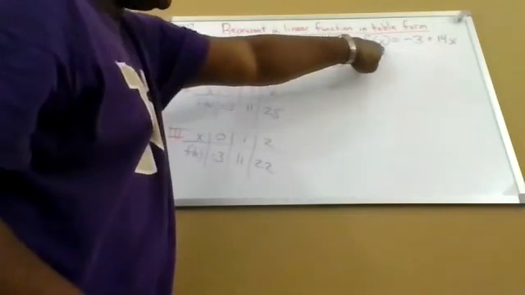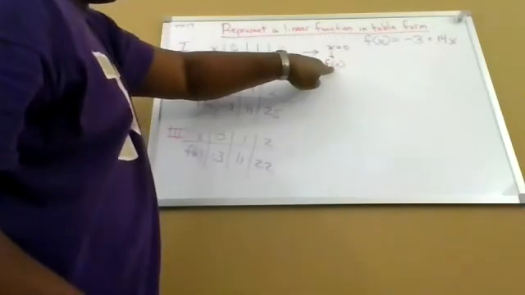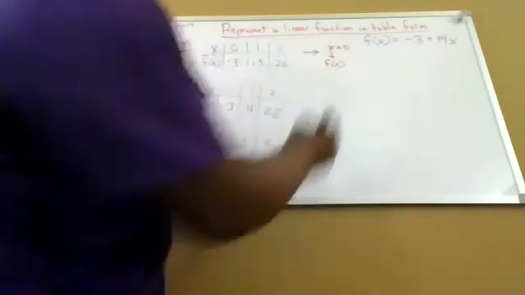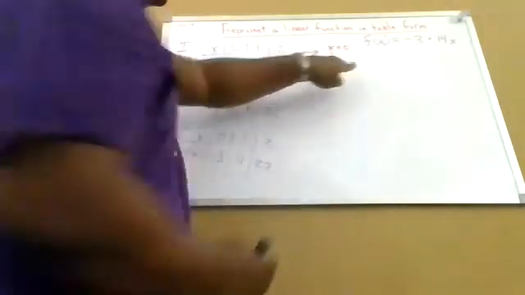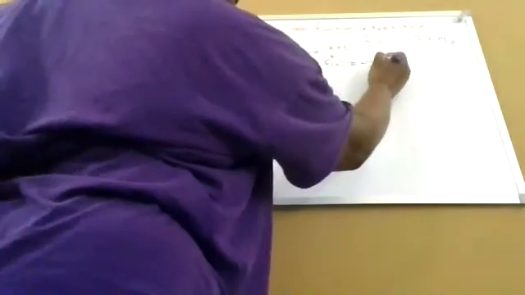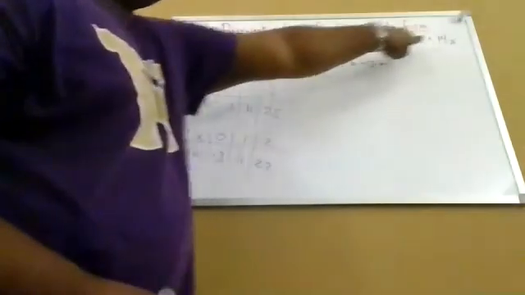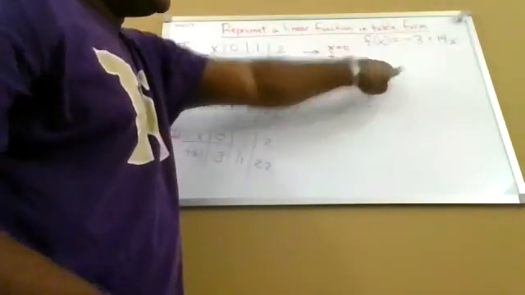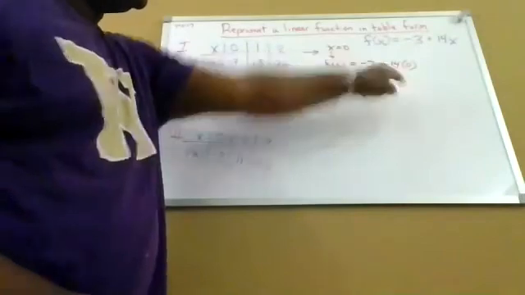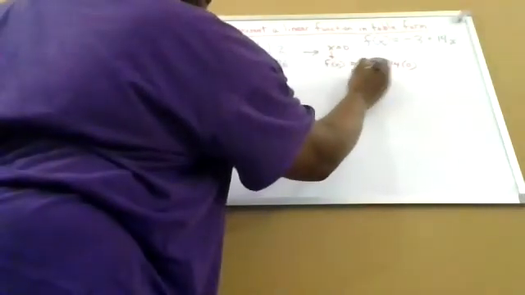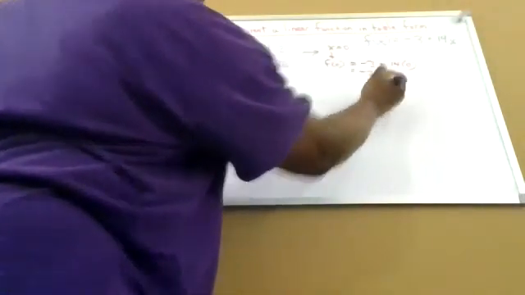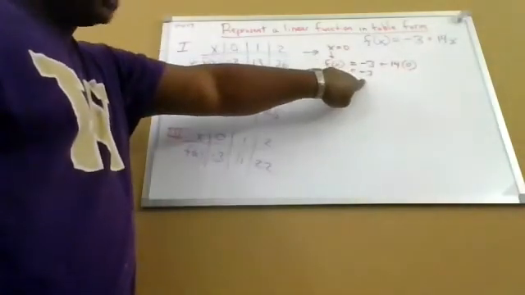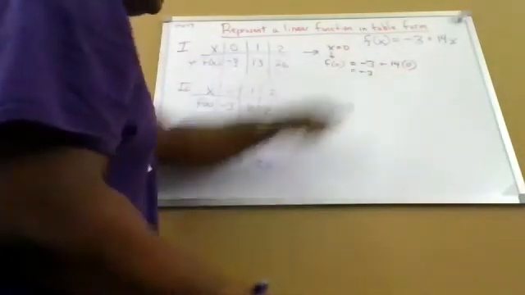So F of X is F of 0 when X equals 0. So that equals -3 plus 14 times X. But X is 0. So that gives me just -3 plus 0.